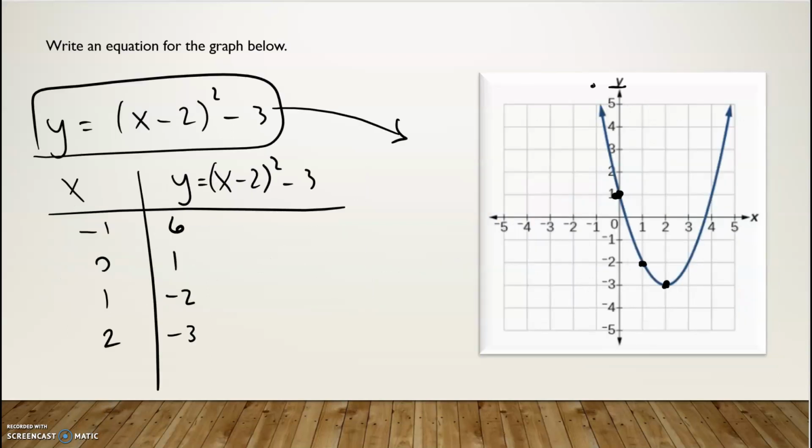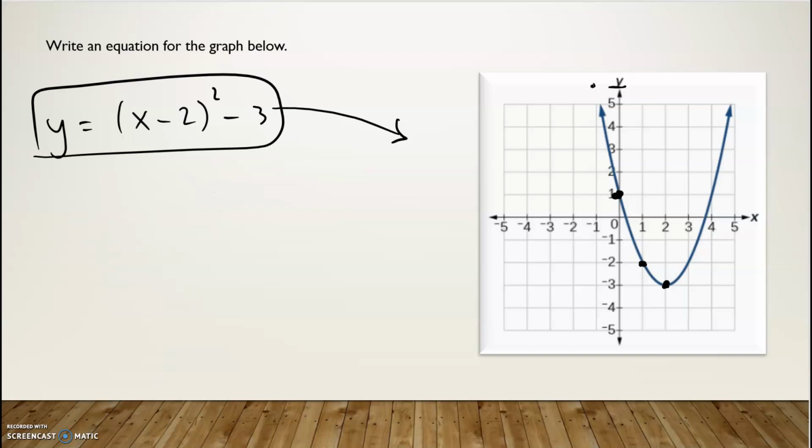Now going back here, I did use t-tables, which you don't necessarily have to use. All you have to do is figure out, did it shift to the left, did it go up or down? And then you can pick a nice point on the graph. So say right here, that looks like 4, 1. And then place an A right in front of it just to see if there's any type of stretching or compression going on.